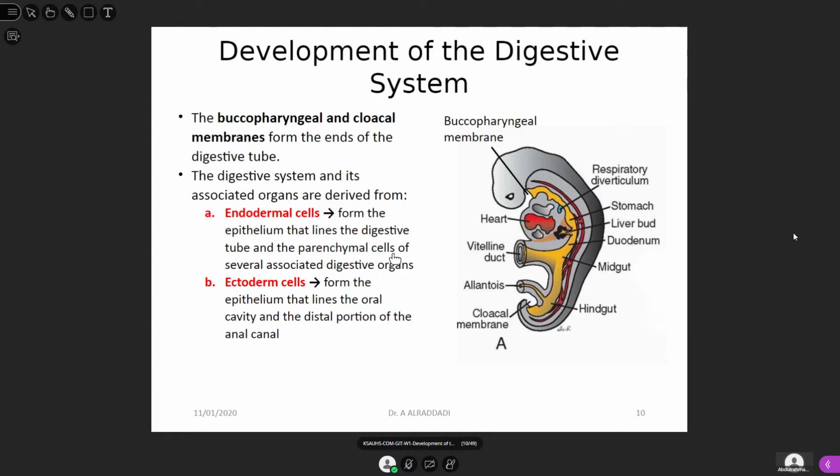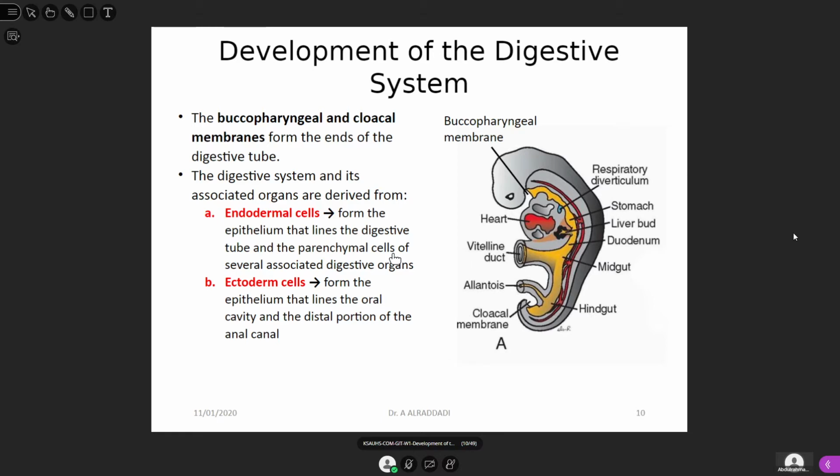So all the epithelium that we will discuss tomorrow in the gastrointestinal tract will be formed by the endoderm. Okay, most of the gastrointestinal tract will be formed by the endoderm cells.